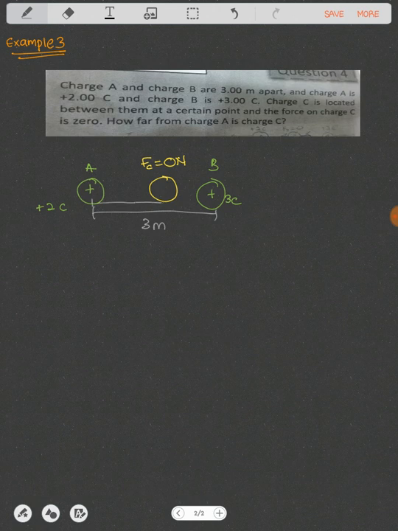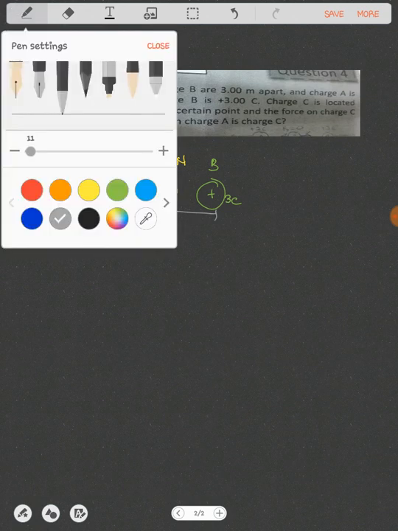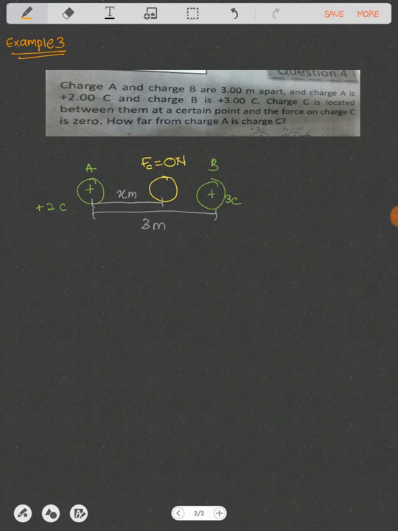So it wants the distance, so we put an unknown. Okay. So now it is dealing with the X component only. There is no Y component in this question. So it is a little bit simple.